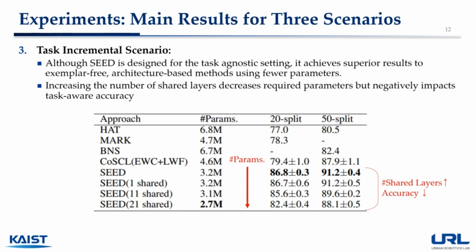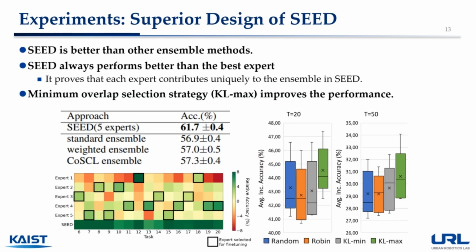This increase in the number of shared layers can reduce the required parameters, but it may negatively affect the accuracy of task-specific performance. Compared to other vanilla ensemble approaches, SEED demonstrated the highest performance, proving that the improved performance of the method is due to more than just forming an ensemble of classifiers.